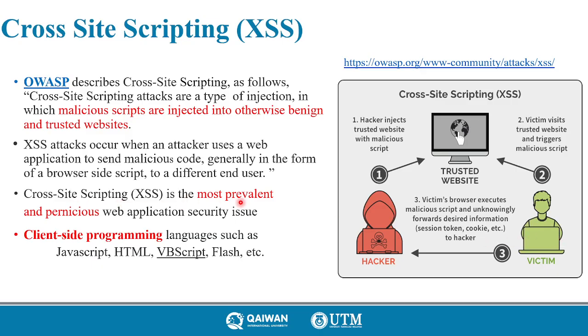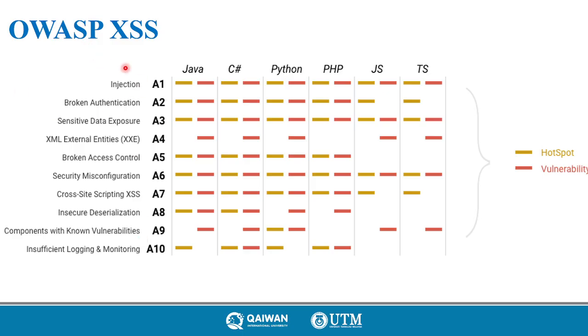Cross-site scripting is the most prevalent and pernicious web application security issue. Client-side programming languages such as JavaScript, HTML, VBScript, Flash, and so on. And by the way, HTML is not a programming language; it's a markup language. Now we have OWASP XSS, and we have Java injection, and C++, Python, PHP, JS, and TS.